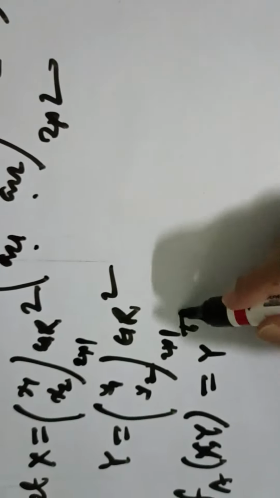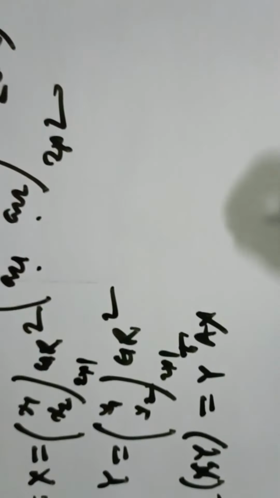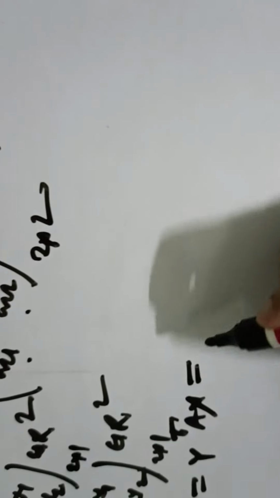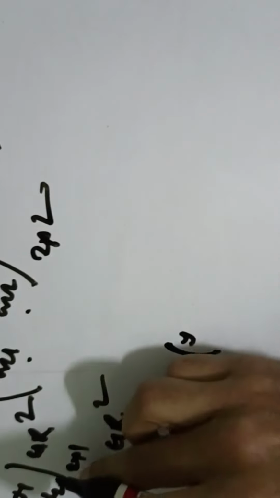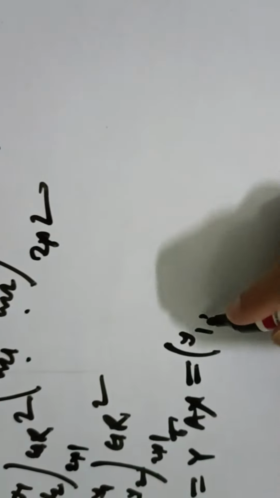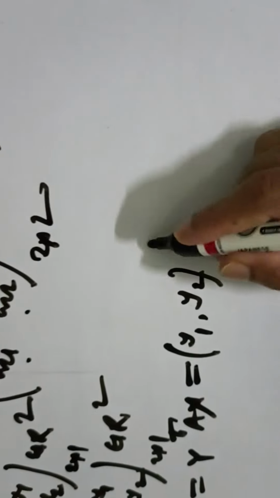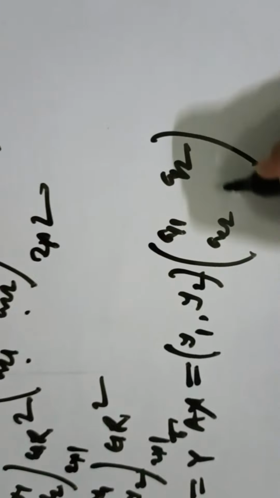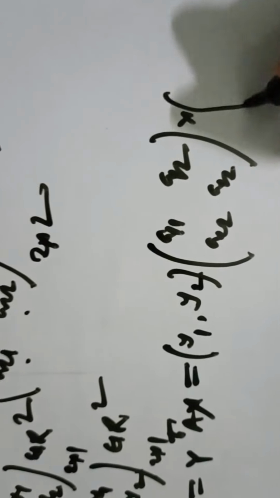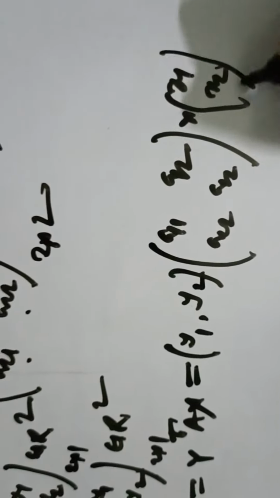Then the inner product of x, y is equal to y transpose A x. If you break this down, y is a column vector, so y transpose is a row vector: y1, y2, times the matrix a11, a12, a21, a22, times x1, x2.